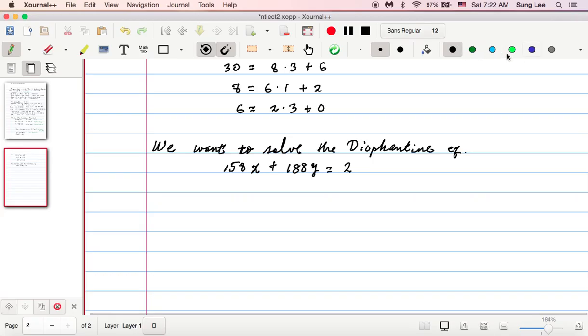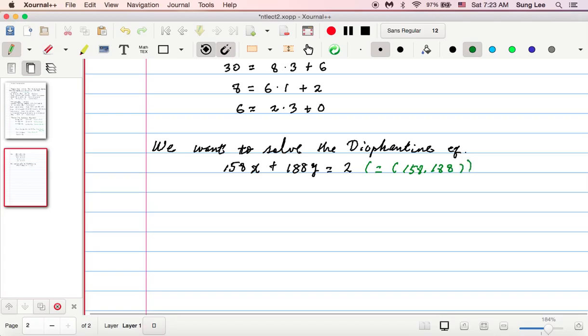Again, remember, 2 equals the greatest common divisor of 158 and 188.